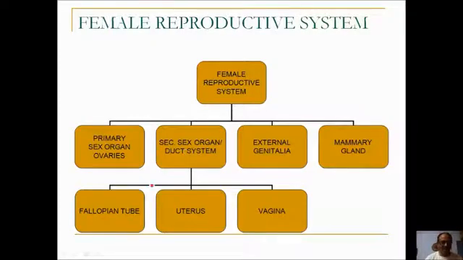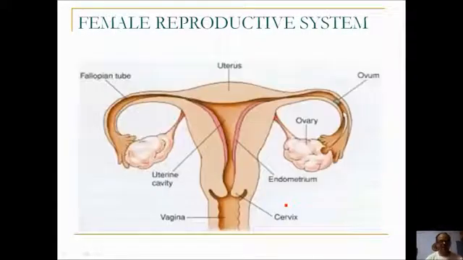The duct system is again divided into the fallopian tube, uterus and vagina. This is a simplified structure of the female reproductive system, which is also in NCERT as figure 3.3, showing the sectional view of the female reproductive system.